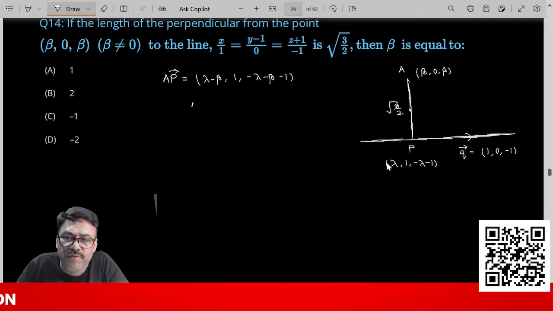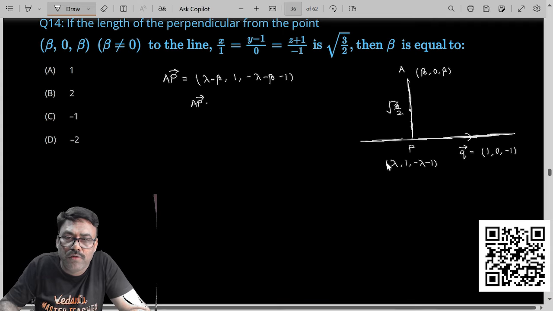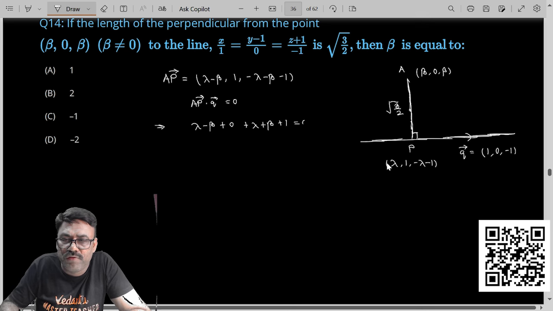Now obviously AP vector dot Q vector should be 0 because AP is perpendicular to Q. So take the dot product of AP with Q. You will get lambda minus beta, plus 1 into 0, then minus lambda minus 1 minus beta into minus 1. So you will get lambda plus beta plus 1 minus beta, and it should be 0. So you can see that beta disappears, and you get lambda as minus half.